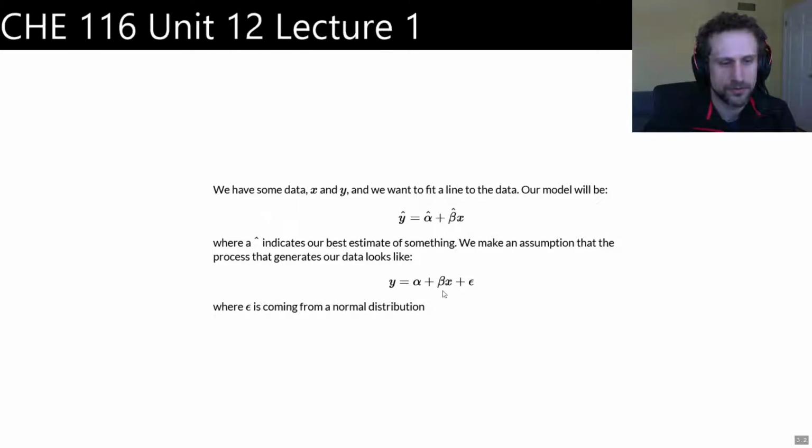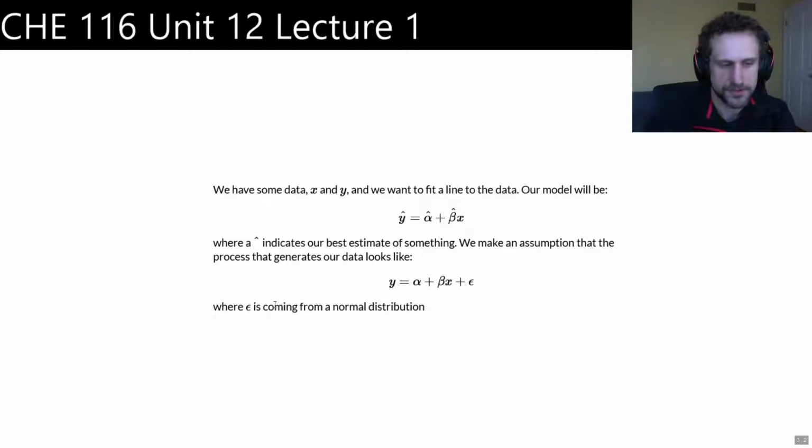In general, we cannot reproduce the y's exactly. That is, our x's and y's are made up of some true alpha, beta, and then there's some epsilon. What this means in practice is that our y's typically don't lie on a perfect line. That never happens with real data. So the way we account for the fact that it's not on a line is we add this extra little wiggle term epsilon, and this says there is some noise that causes our data not to lie on a line.